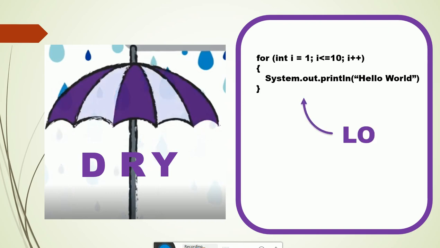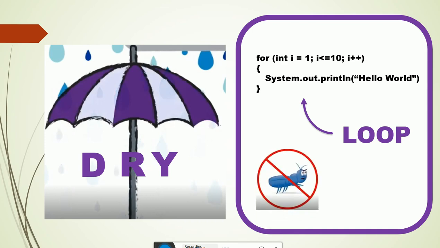And this is the loop. No need to write the same code 10 times. You write it once, and that statement will be executed 10 times, so hello world will be printed 10 times.